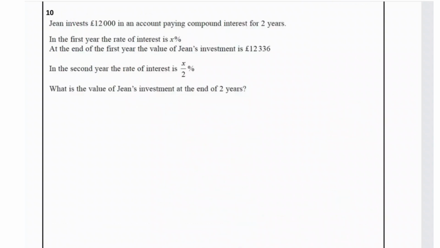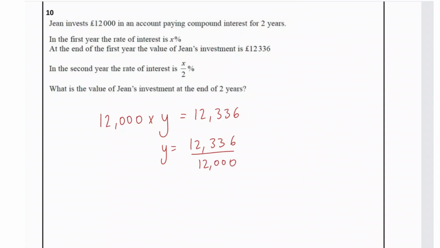Question 10, similar to the last one. £12,000 invested. We don't know the interest rate in the first year, so we're going to call the decimal multiplier y again. And we know after the first year, Gina's got 12,336. So we can figure out y by dividing by 12,000.